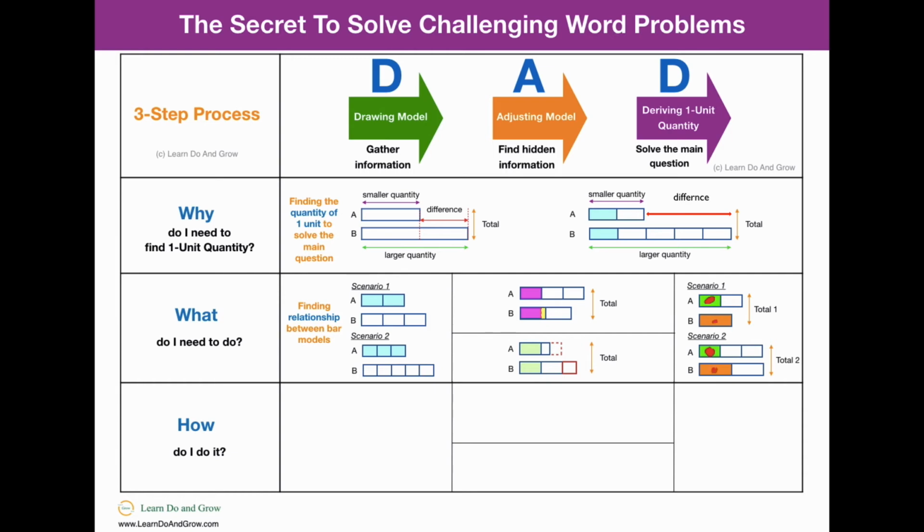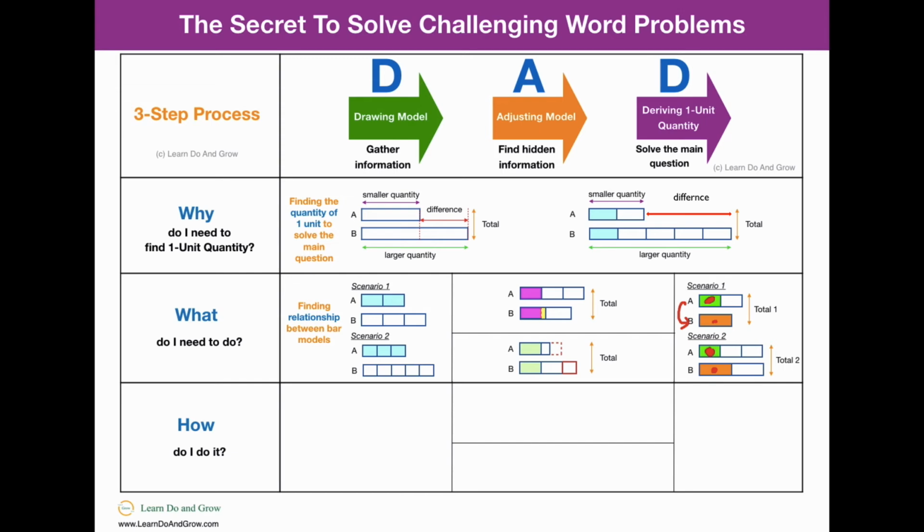B and B are the same. But the question does not tell you how A and B are related to each other. So it is very difficult to standardize and to find the answer we want, which is the quantity per unit.